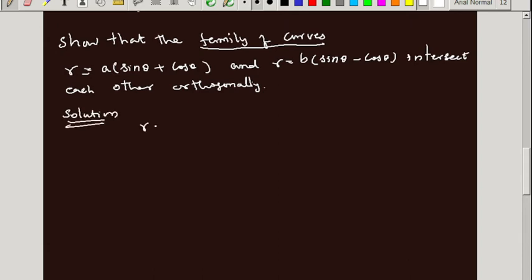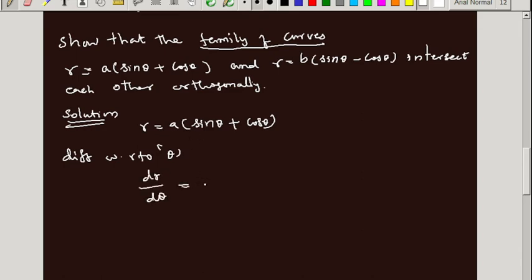Let us consider r equal to a into sin theta plus cos theta. Differentiate this with respect to theta: dr by d theta equal to a, which is constant, into cos theta minus sin theta.